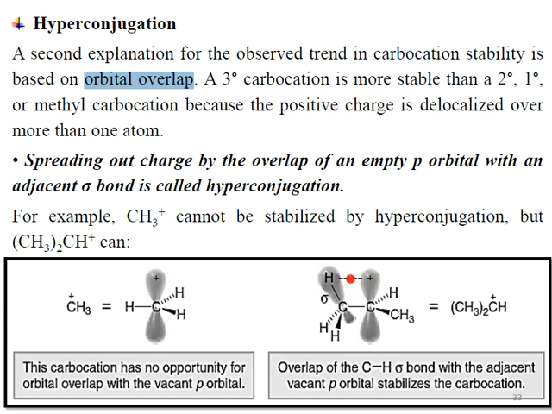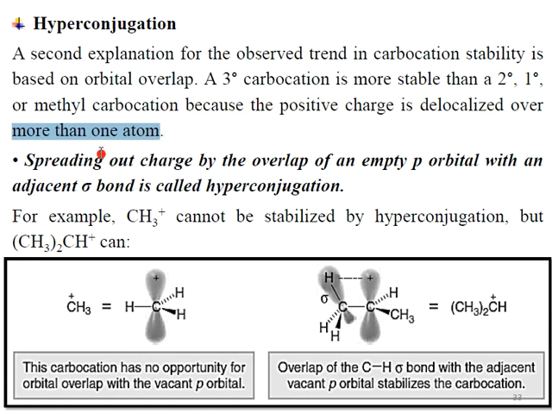You have three hydrogen atoms here, and all of them overlap with the positive charge, slightly increasing the stability of this carbocation. The tertiary carbocation is more stable than secondary, primary, or methyl because the positive charge is delocalized over more than one atom. Okay, here is the exact explanation.